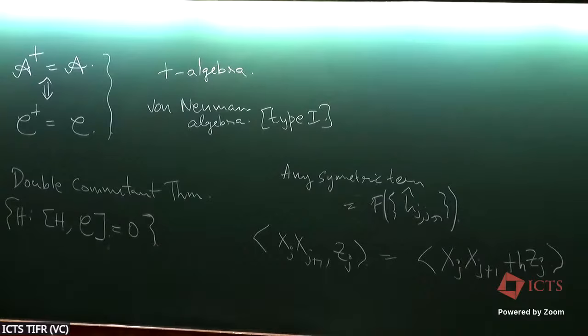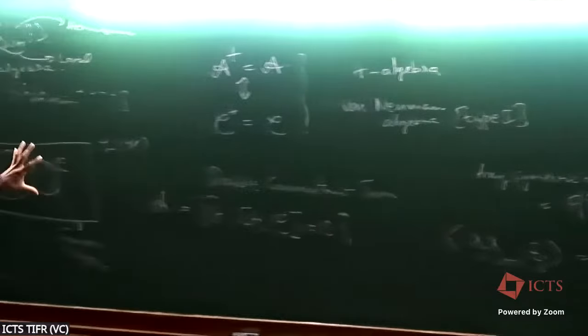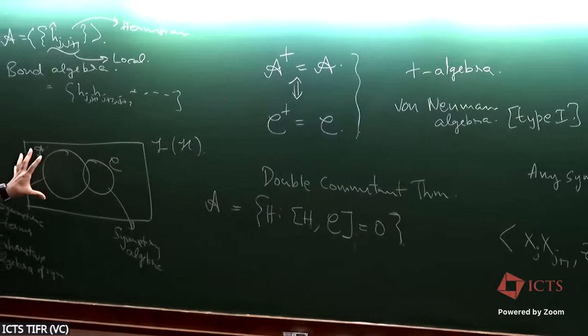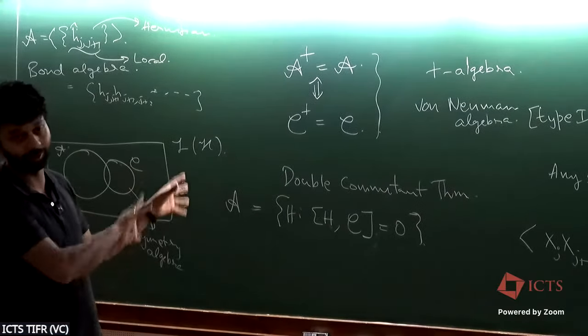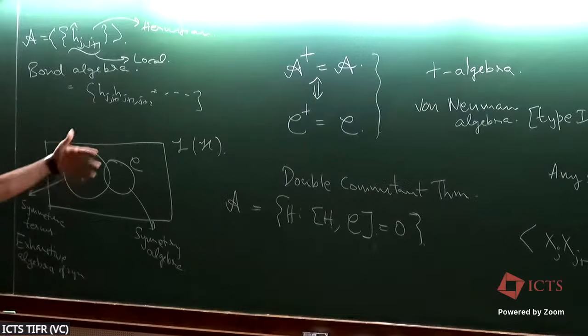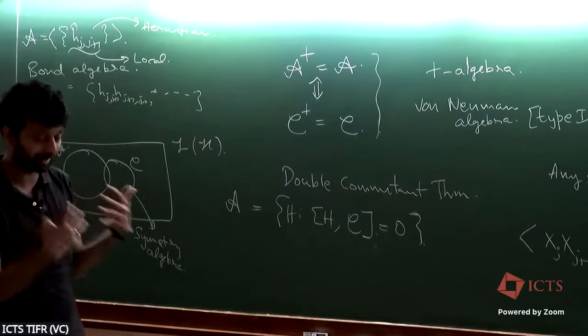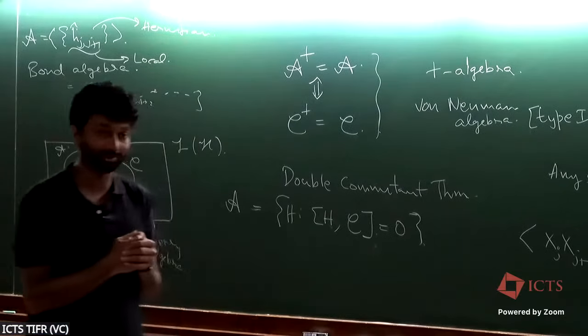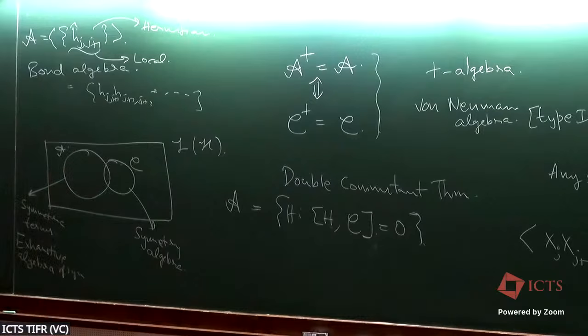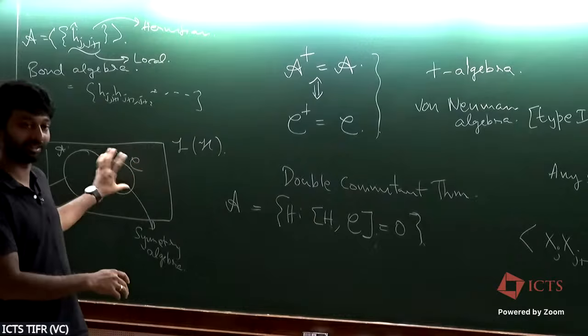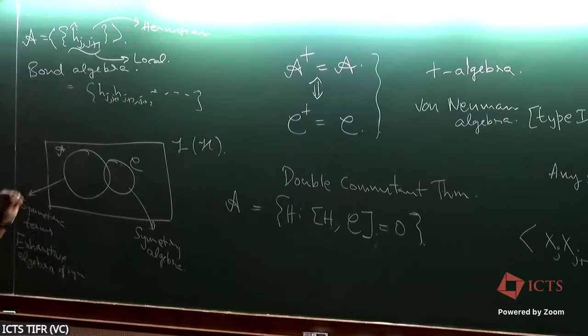If I just choose a random algebra here, there is no locally generated bond algebra. Somehow I want my symmetries to be symmetries of some family of local Hamiltonians. Otherwise, physically it's not well motivated, and I'll maybe give some examples of where there is no local algebra.